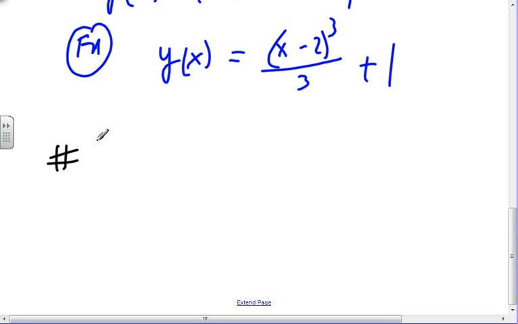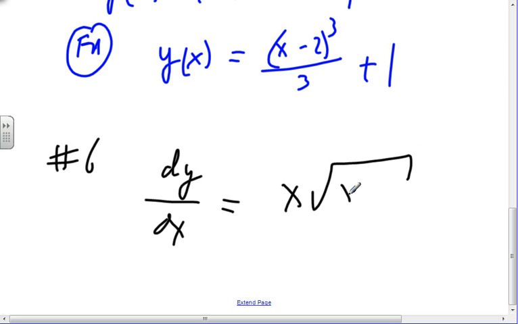And we're going to look at number 6. dy/dx equals x times the square root of x squared plus 9, and y at minus 4 is 0. So that's what I've got.